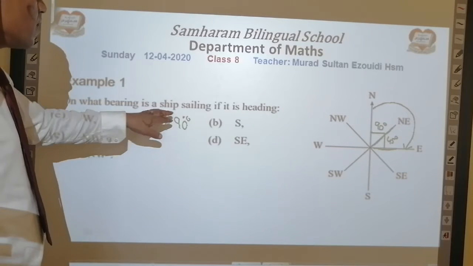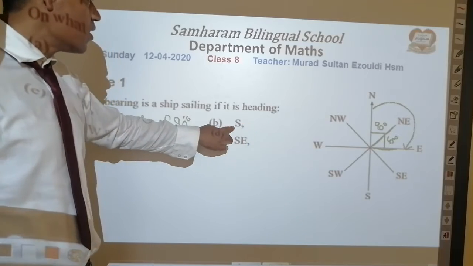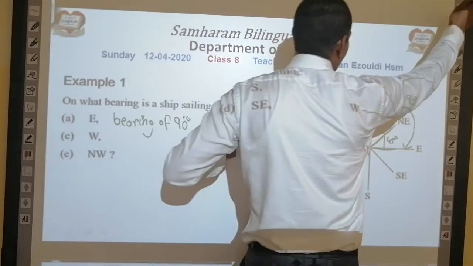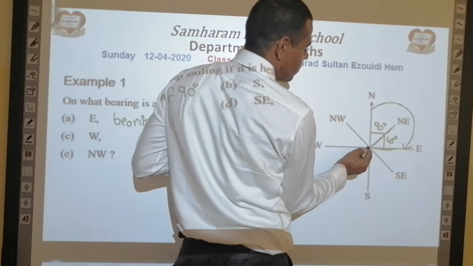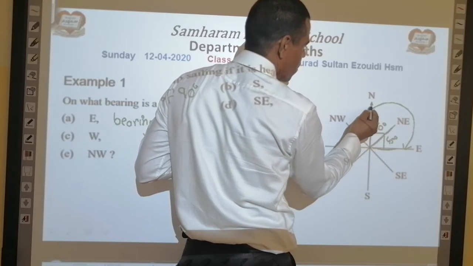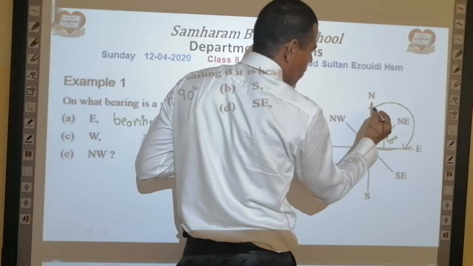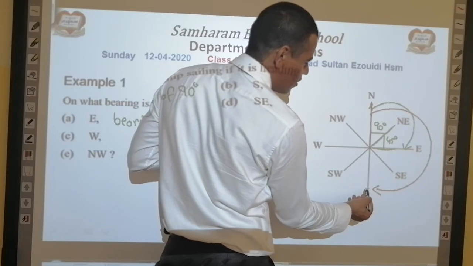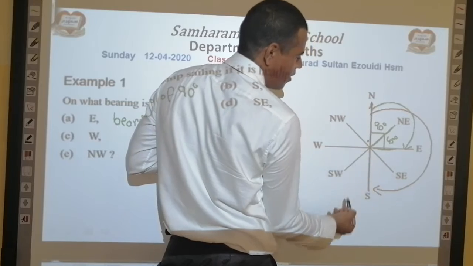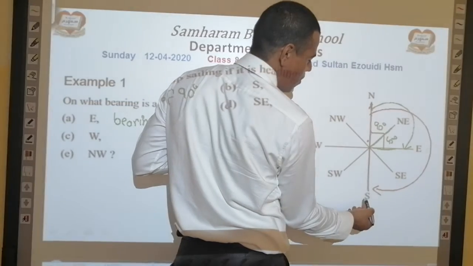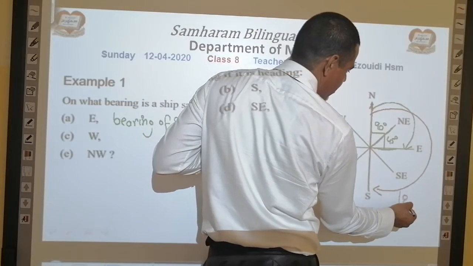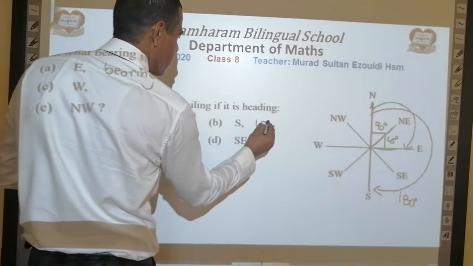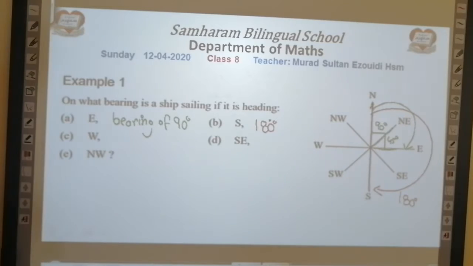Now, let's say if it is heading S. What is S? So, what do you think about this? I will measure the bearing or my angle clockwise from north direction, like that. So, this is what? This is a line. You can extend this one from north to south. It will be 180 degree. Good boy, 180 degree. Okay, bearing of 180 degree.